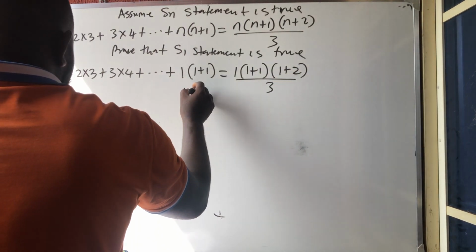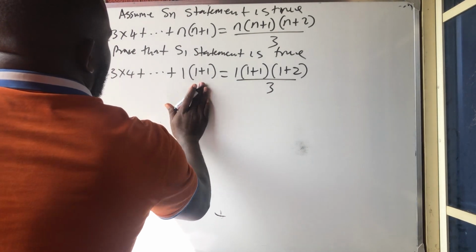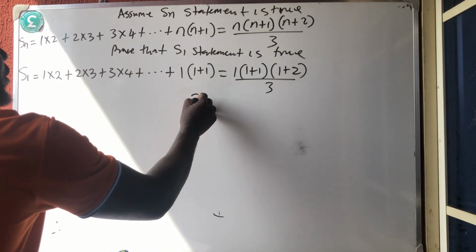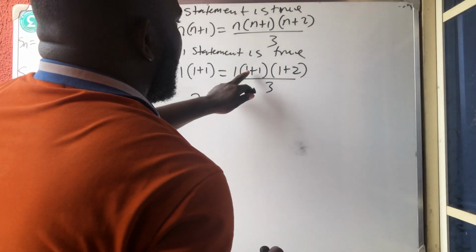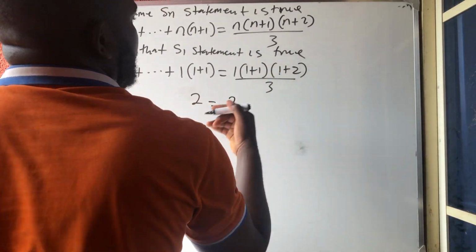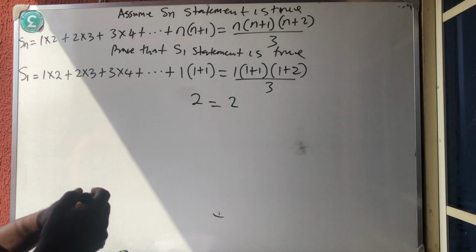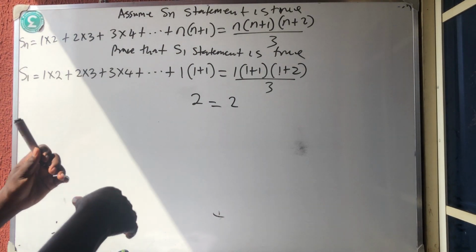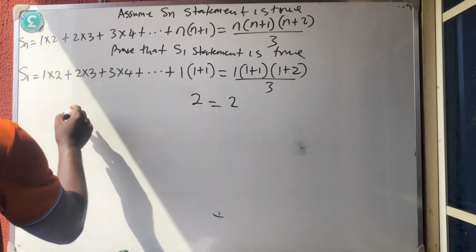Now, this plus this, 2 times 1, 2 is equal to, now, this plus this 2, this plus this 3. So 3 can cancel 3. I'm having that 2 is equal to 2. So since the left hand side and the right hand side are equal, you continue. And the continuation is to assume SK.